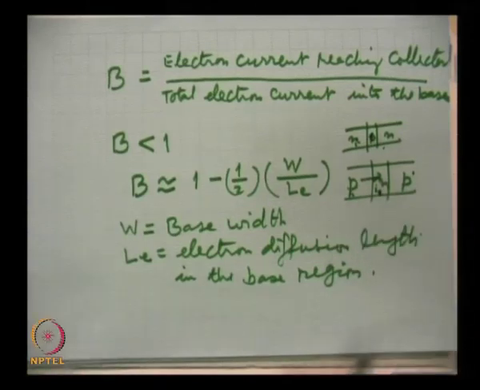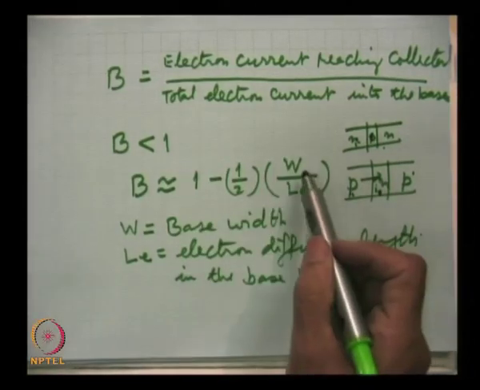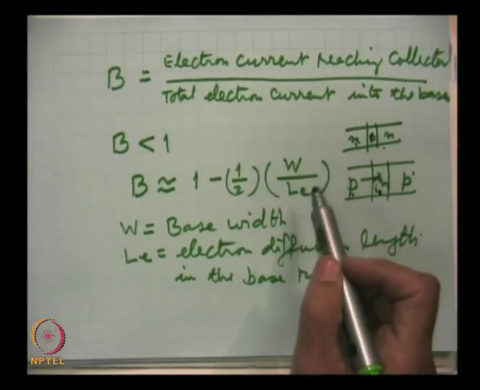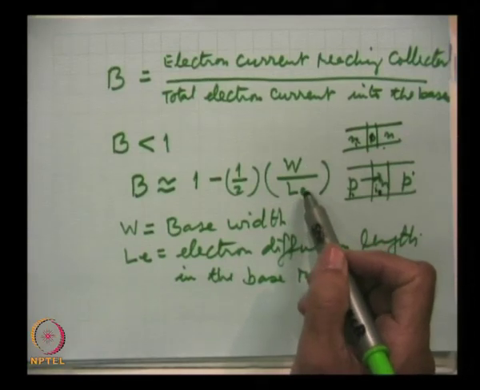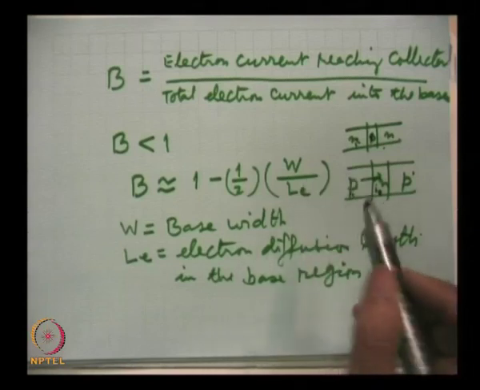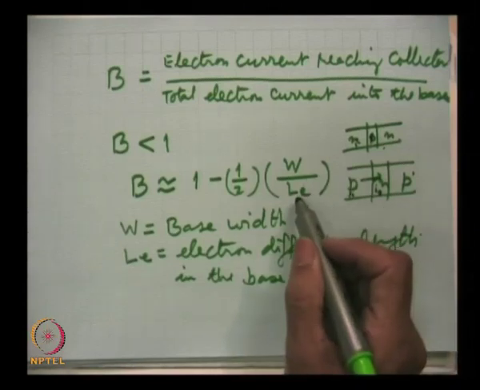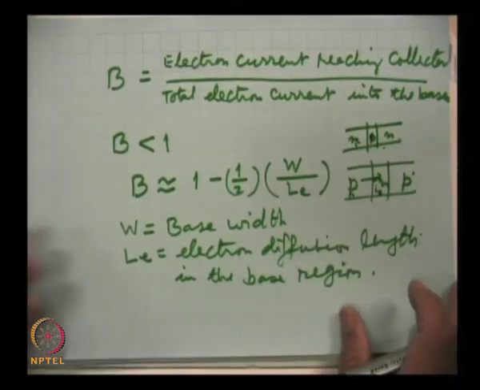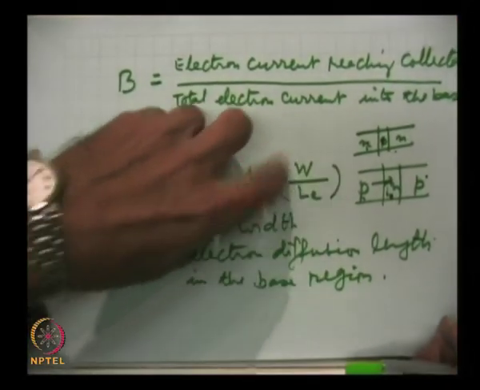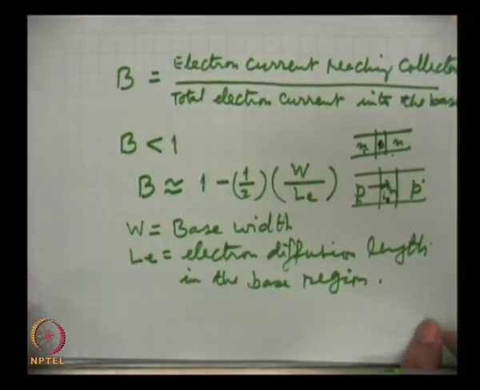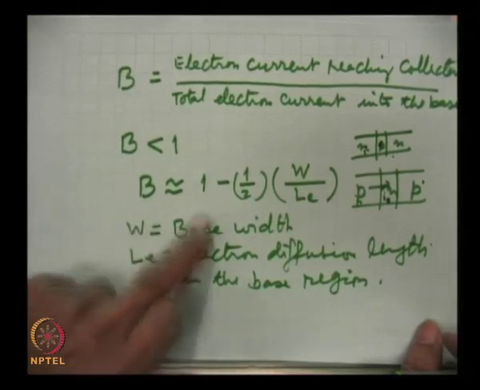So, by making the base width low and by using a lightly doped base region, we can increase the electron diffusion length, making this parameter as small as possible, and hence B will be close to 1.